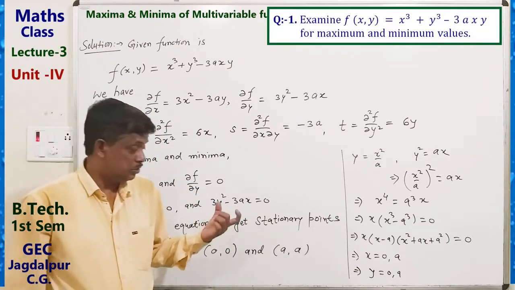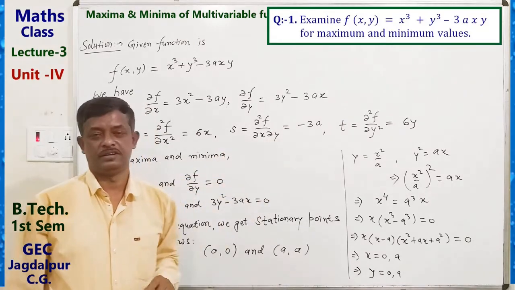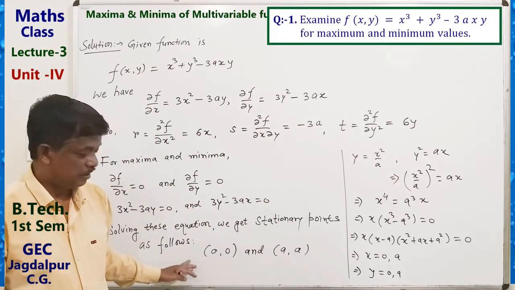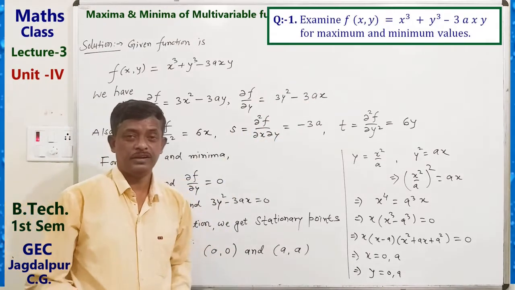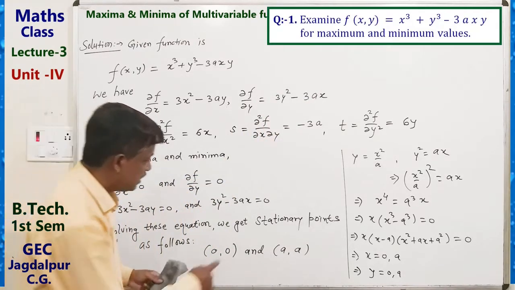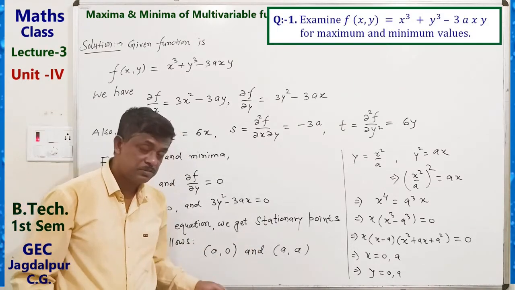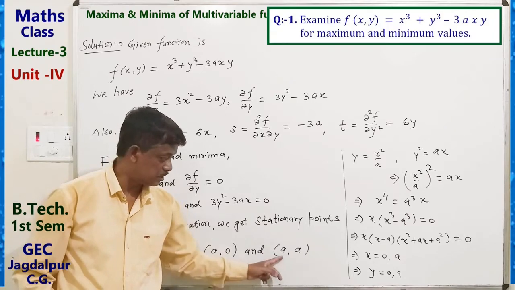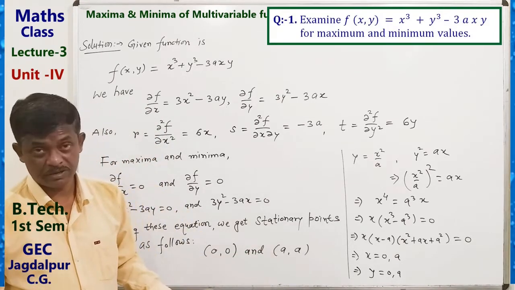Now corresponding to these points, just find the values of r, s and t. By using those values we will find the behavior of the stationary points. Behavior means whether the stationary point is a maximum or minimum, maybe maximum, maybe minimum, may not be.